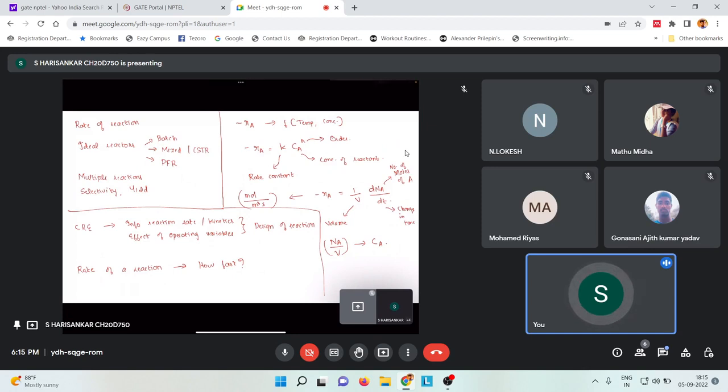So Na, the number of moles, divided by V, which is in meter cube, is nothing but the unit of concentration of a substance.